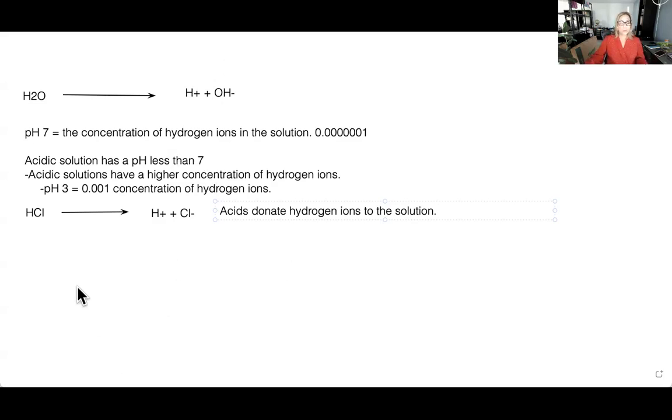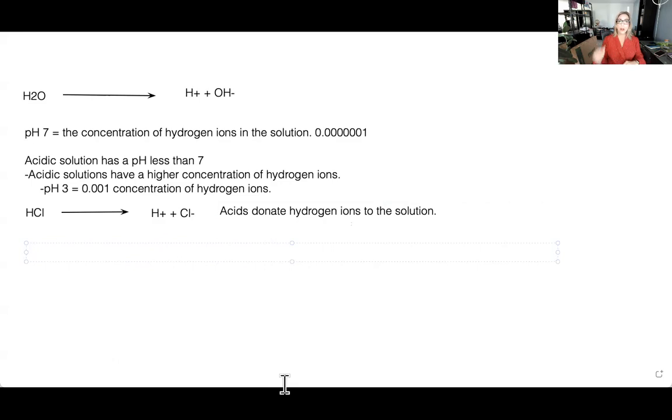You may realize at this point that a basic solution is going to have fewer hydrogen ions than neutral. As you go up the pH scale, 8, 9, 10, the solution becomes more basic.